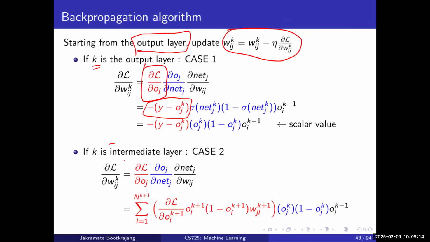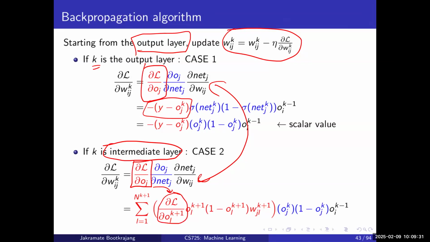And then if you are in an intermediate layer, you use the same equation, but the loss in the first term becomes the summation of the loss in the next layer times the weight of the next layer.